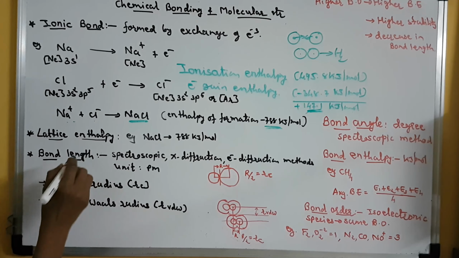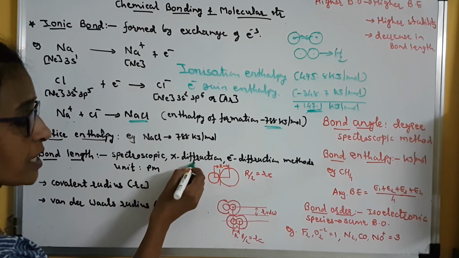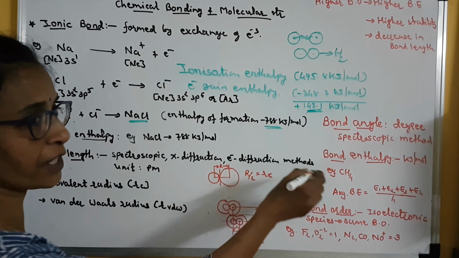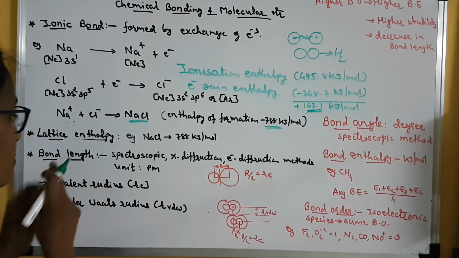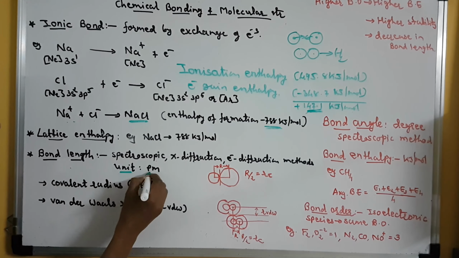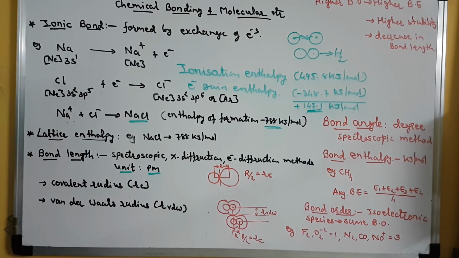This bond length is generally measured by spectroscopic, X-ray diffraction, or electron diffraction methods. Any of these three techniques can be used to measure bond length, and it is generally measured in picometers. So the unit for bond length is the picometer.